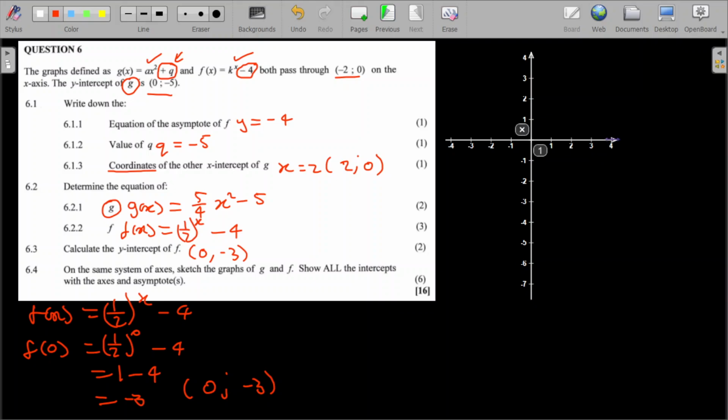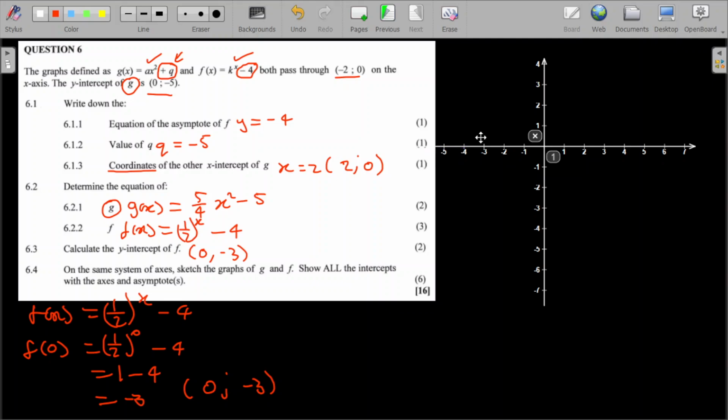So now, first thing, let me start with my parabola graph. Now I know that my x is at -2 here, and then my other one is going to be here at 2, and I know that my turning point is here, which is also my y-intercept.